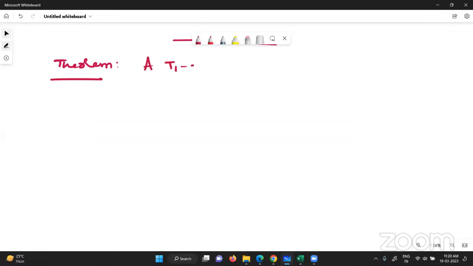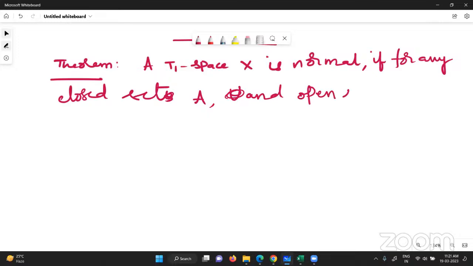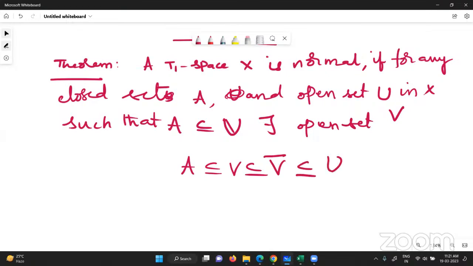A T1 space X is normal if for any closed set A and open set U in X such that A is a subset of U, then there exists an open set V such that A is a subset of V, which is a subset of V bar, which is a subset of U. Whenever in a normal space, two closed sets are separated by two open sets.